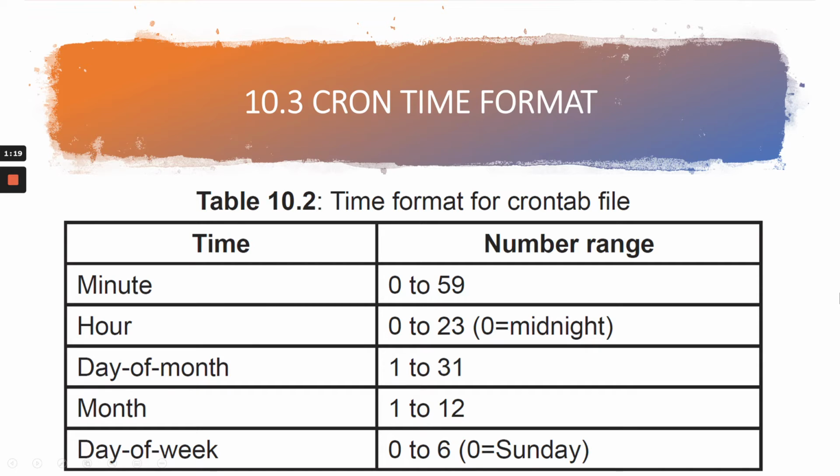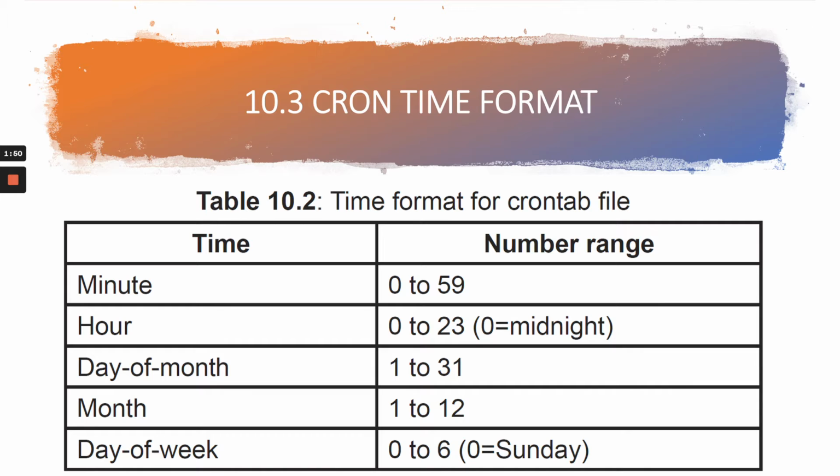Like I said earlier, we have 5 fields from minute to day of week. In each field, you have a number range to be inputted. For minutes, the number range is from 0 to 59. For hour, the field uses the 24-hour format, with a number range from 0 to 23, where 0 refers to 12 a.m. midnight.